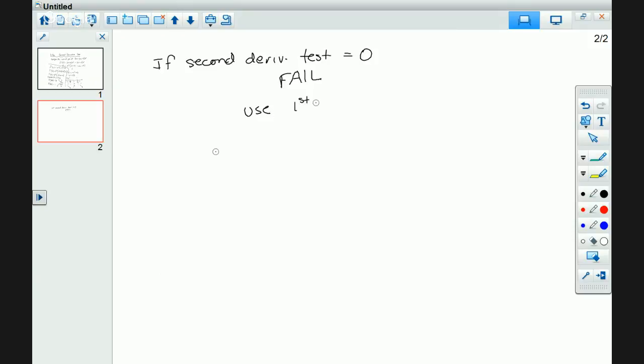Use the first derivative test, which you're going to do anyways. You don't have to. I just told you that. I said it's an option, and since you're all going into calculus in college for the most part, I want to give you that knowledge. It's just another way to use the second derivative. Any questions? Okay. I'm done.